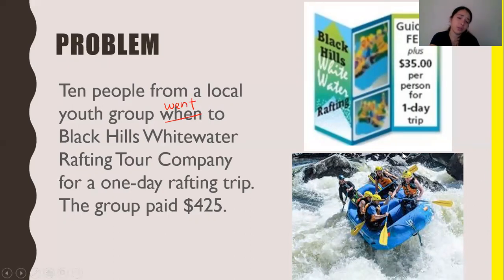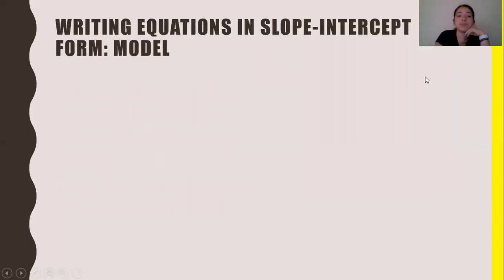So notice, it looks pretty fun. And then this is the brochure for it. So you have to pay the guide's fee, but they don't tell you what the guide's fee is. But you also have to pay $35 per person for a one-day trip. So that's the problem we're going to solve today using slope-intercept form.